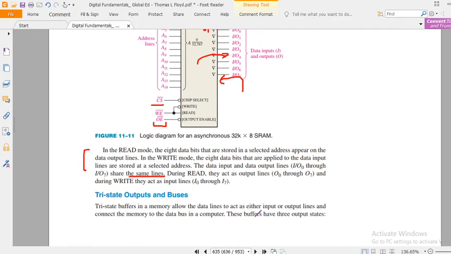Tri-state output buses, as I told you previously, what is the meaning of the tri-state? I have already explained to you. Tri-state buffers in a memory allow the data lines to act as either input or output lines and connect the memory to the data bus in a computer. These buffers have three output states.